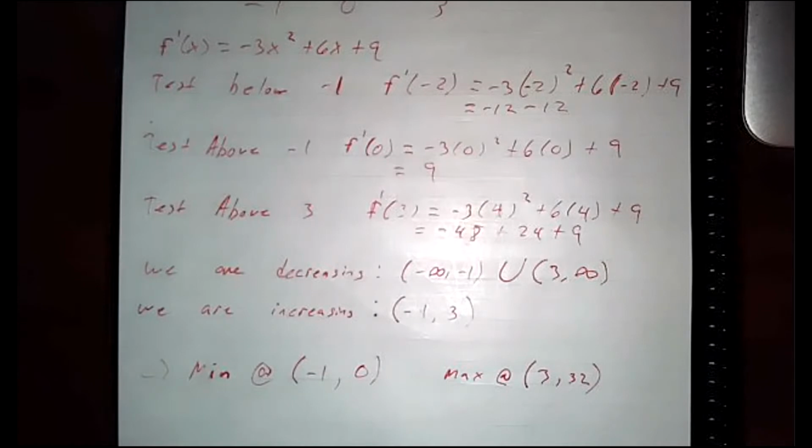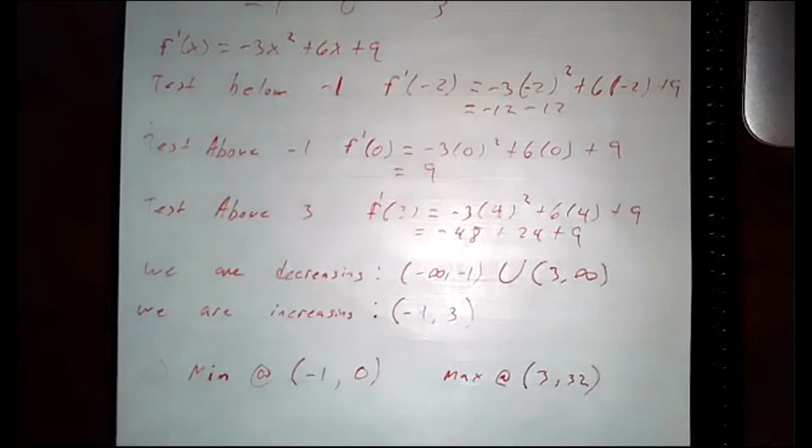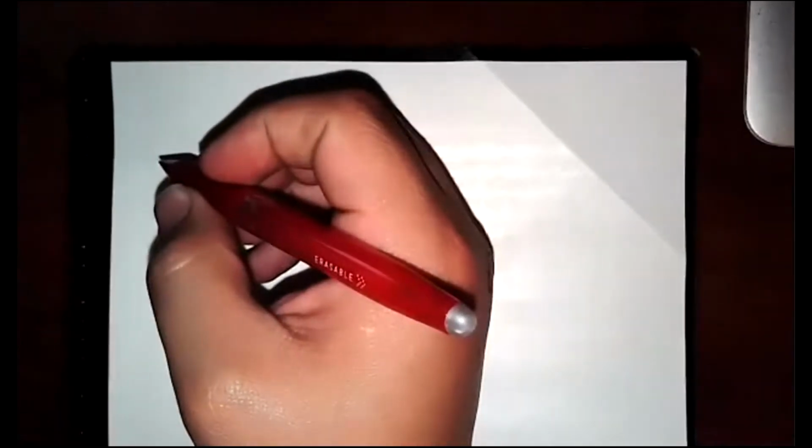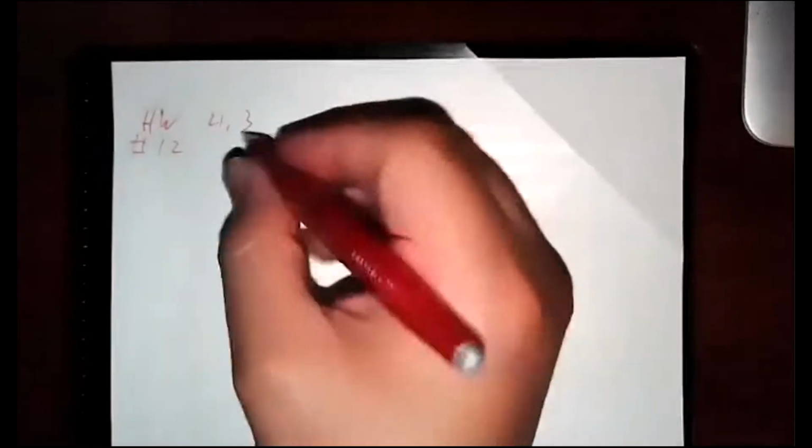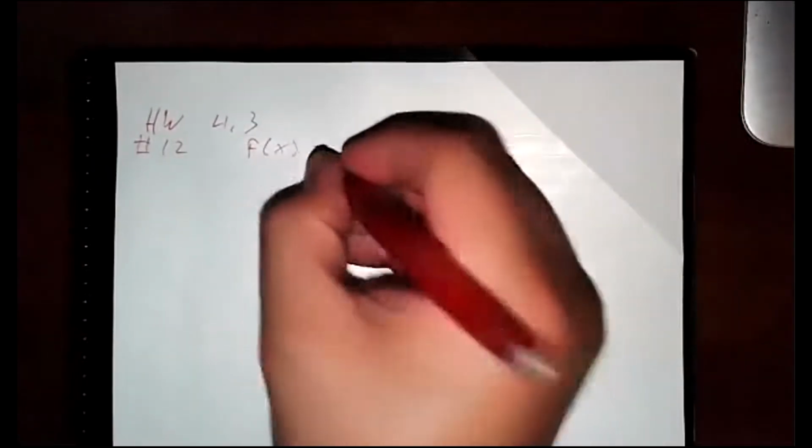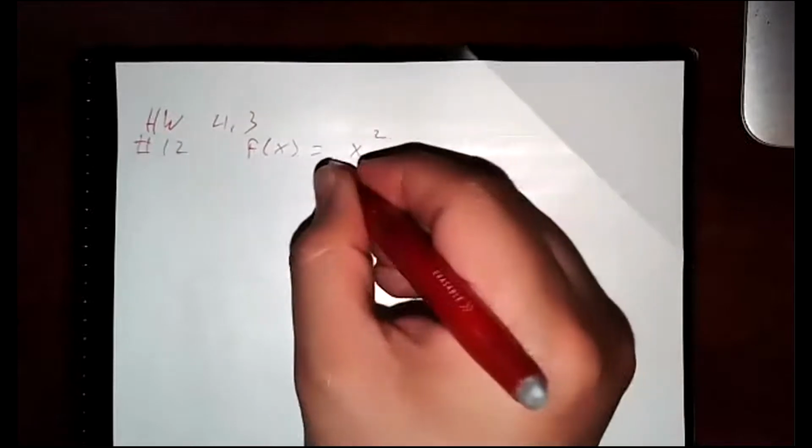They also asked for discontinuities, and that was the main issue I was having. Number 12, 4.3. So they gave us some ugly function. Let me see, one second.